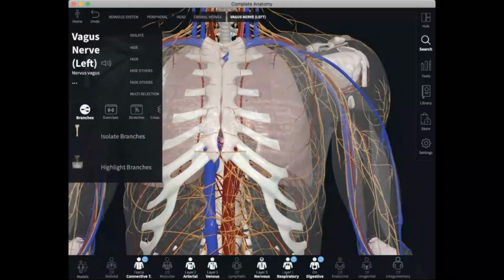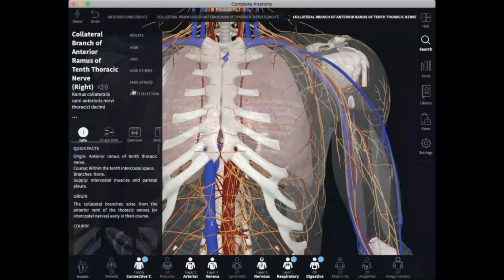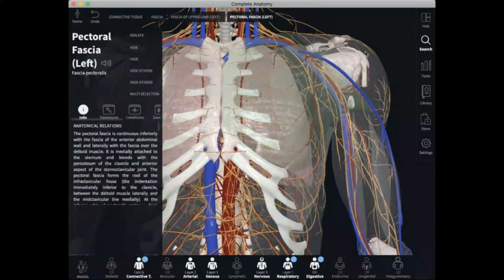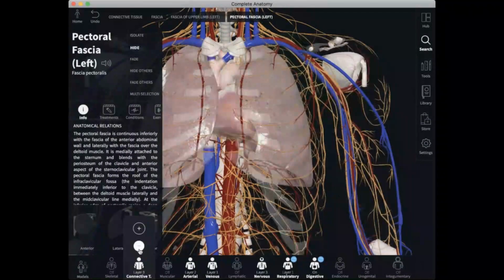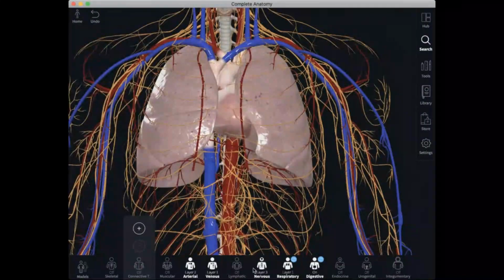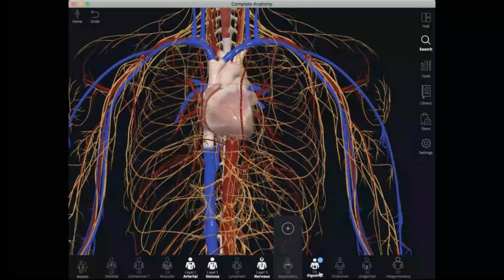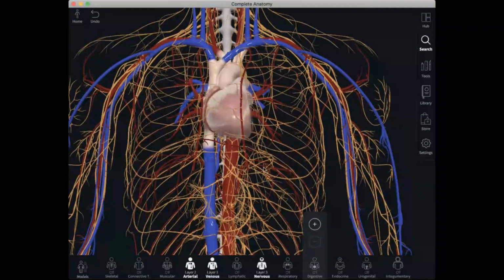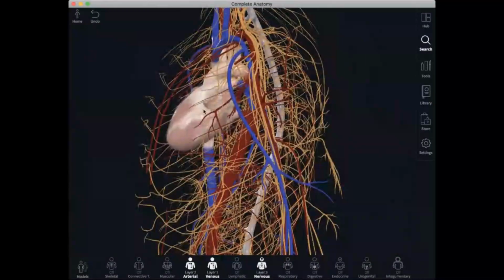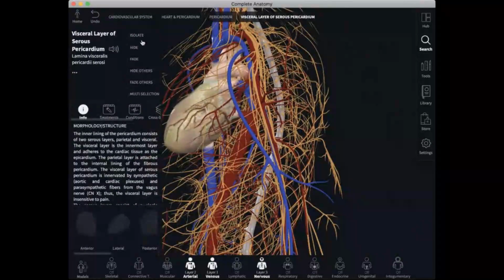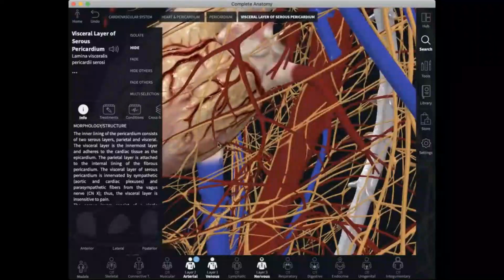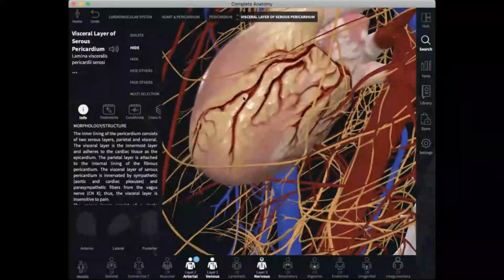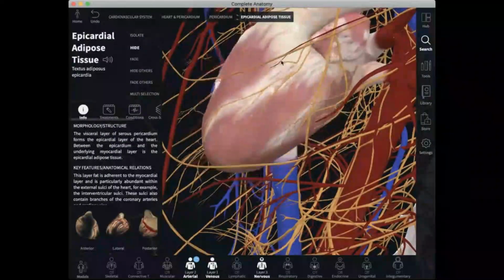I will show you the branches that the vagus nerve is supplying. Okay, these are the vagus nerve branches.